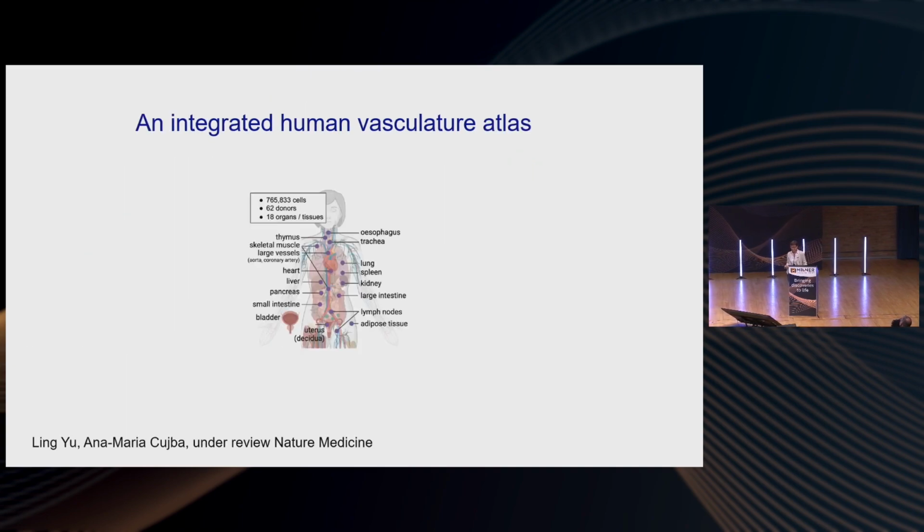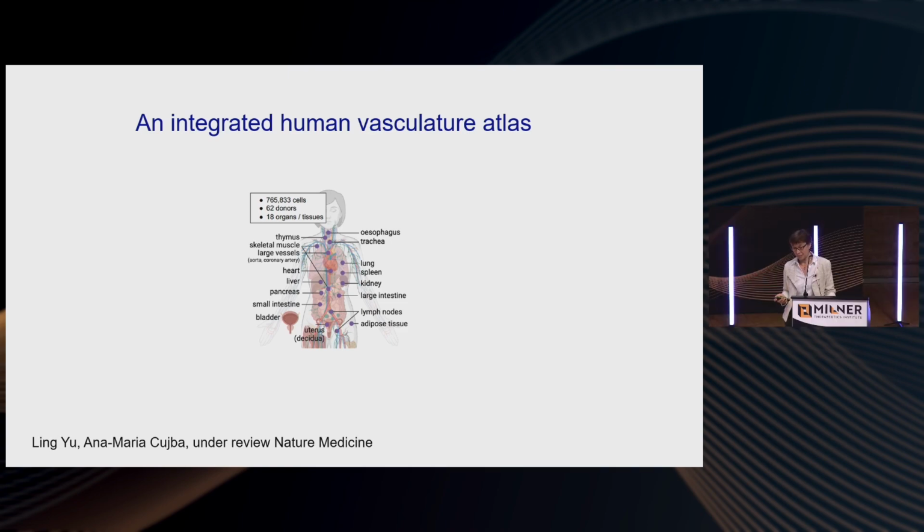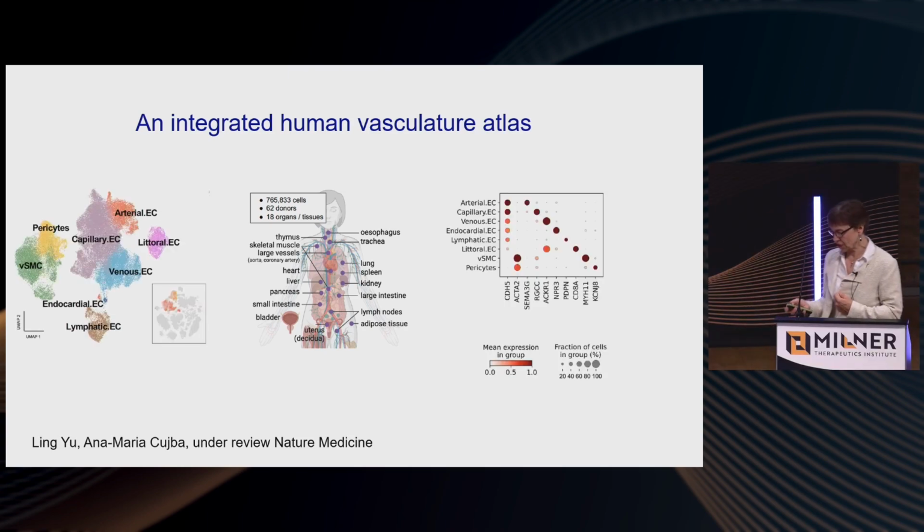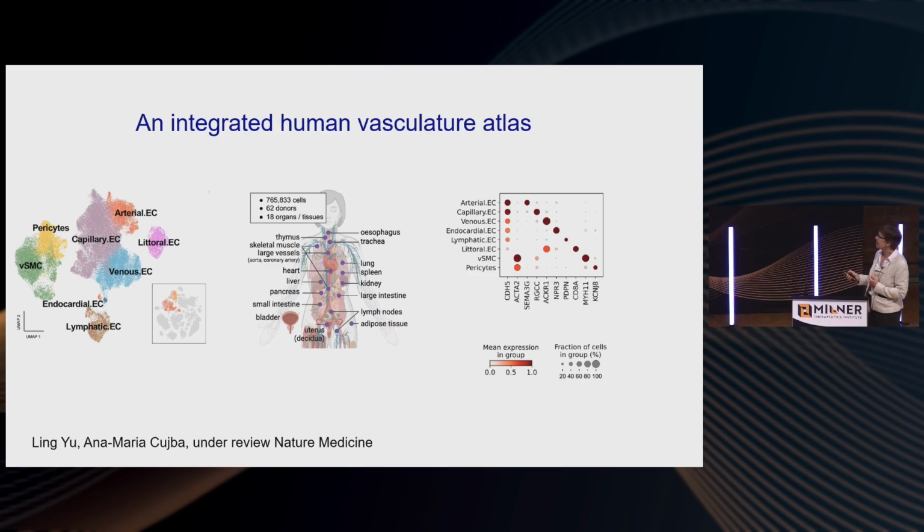At the same time, Anna Maria Kushba and Ling Yu in the lab collected a whole lot of single-cell data that had been generated by other laboratories as well as our own data, and started to generate an integrated human vasculature cell atlas.